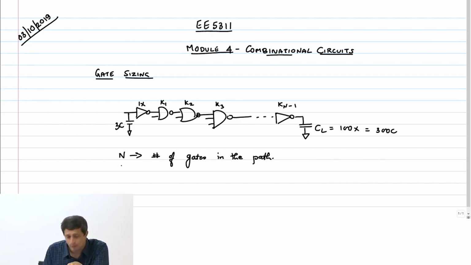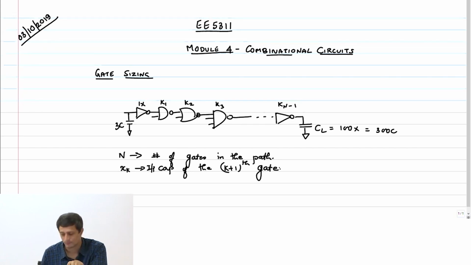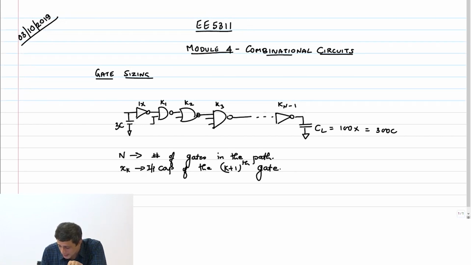So therefore the variables that we are going to choose here are xk's, which is nothing but the input capacitance of the k plus 1th gate. So this I am saying is x1. x0 is this 3C, whatever that capacitance is.